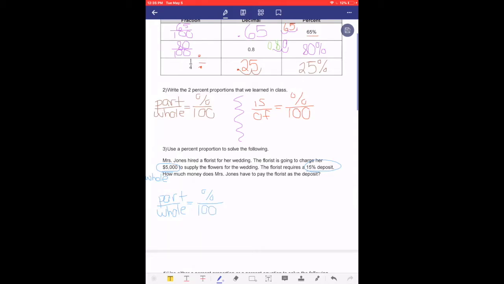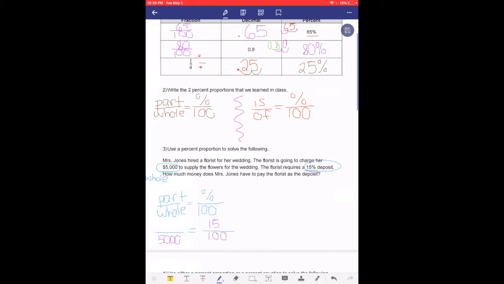So filling in everything, the total amount of money that it's going to cost for the flowers is $5,000. So that's going to go down here in the whole section, $5,000. The percent is 15, so that will go in the percent section. The bottom right is always going to be 100.